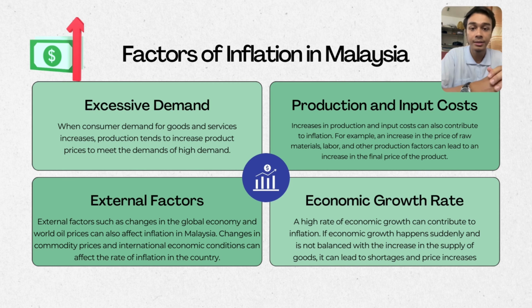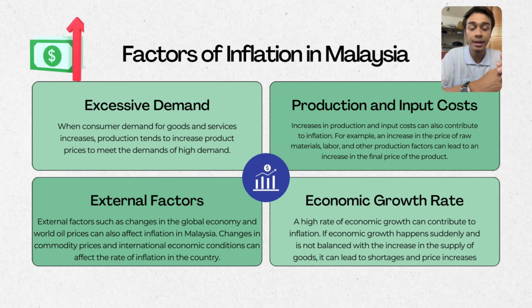Number 3 is external factors. External factors such as changes in the global economy and world oil prices can also affect inflation in Malaysia. Changes in commodity prices and international economic conditions can affect the rate of inflation in the country. For example, oil prices.